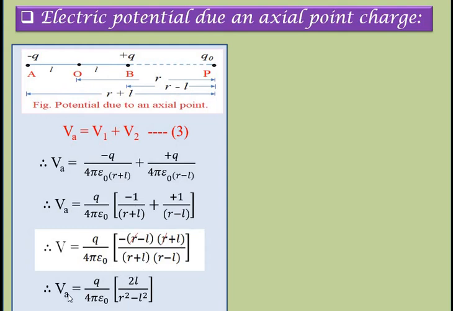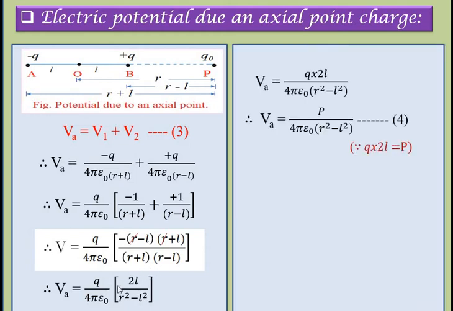Therefore, VA is equal to Q divided by 4 pi epsilon 0 in bracket 2L divided by R square minus L square. Here, the value of Q into 2L is nothing but P, the electric dipole moment. So, VA is equal to P divided by 4 pi epsilon 0 into (R square minus L square). Suppose this is equation number 4.